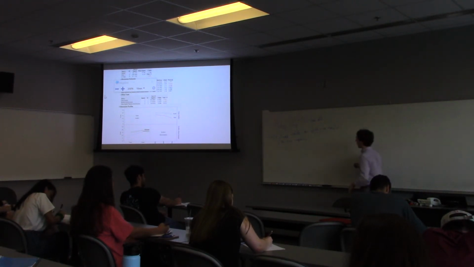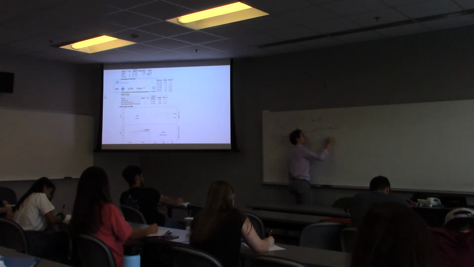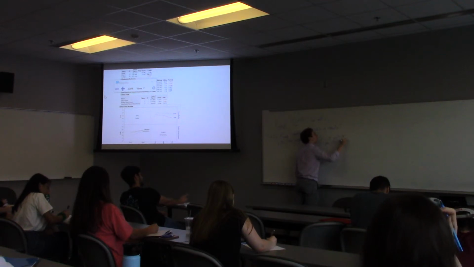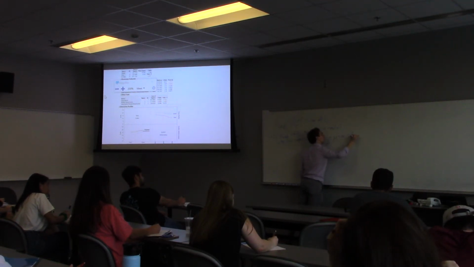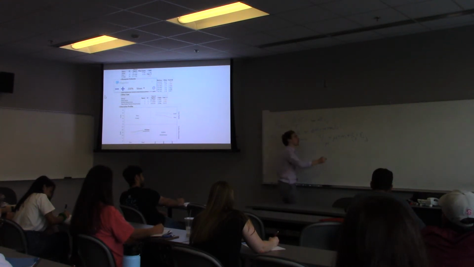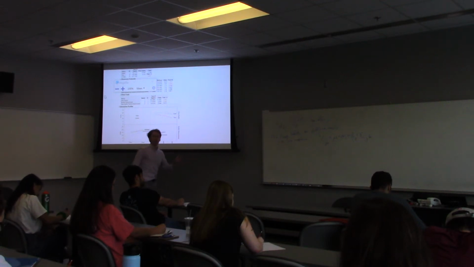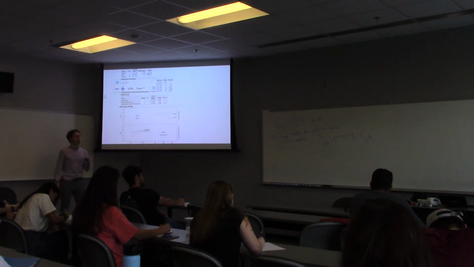An additive model is one where x_ijk is equal to mu plus alpha_i plus beta_j plus epsilon_ijk. It's one where we don't have to worry about an interaction term between our two factors. That's an additive model right there.